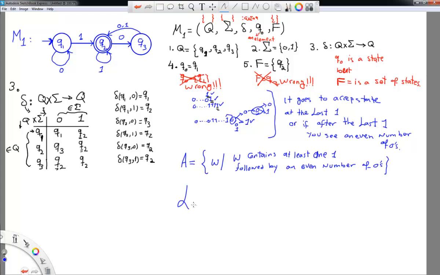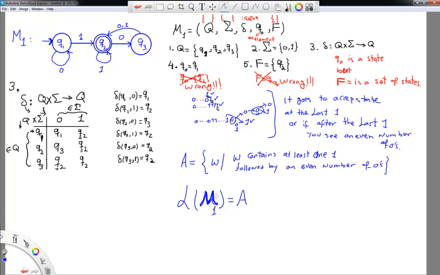And this is the language of M sub 1. So the language of M sub 1 is the set of all strings that have at least one 1 followed by an even number of zeros.